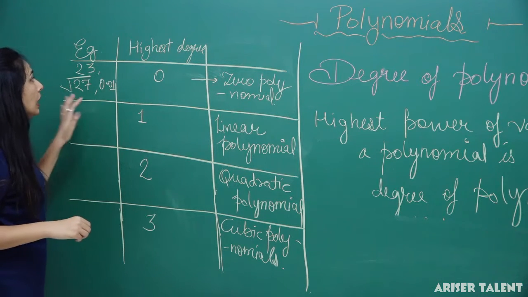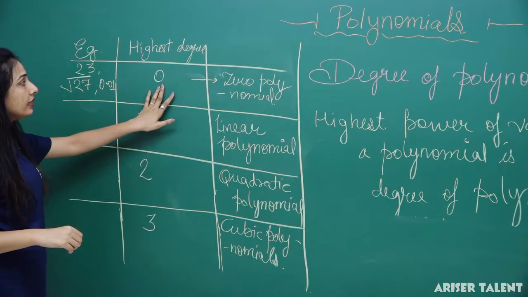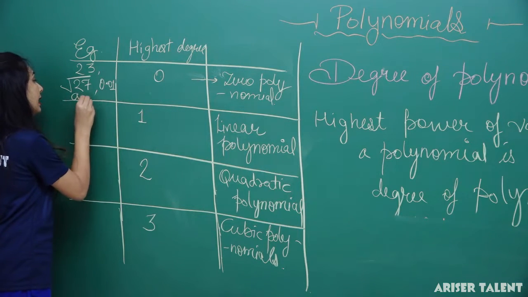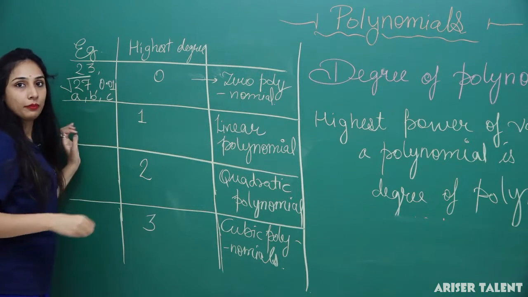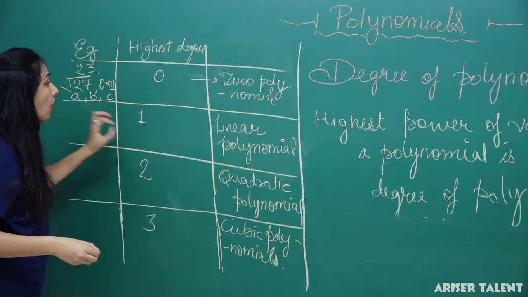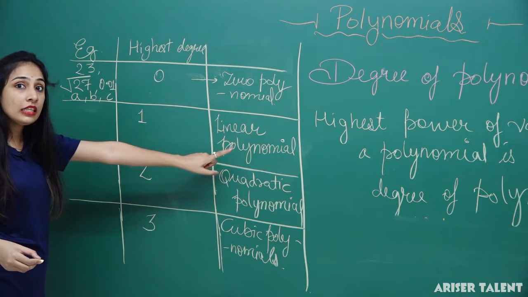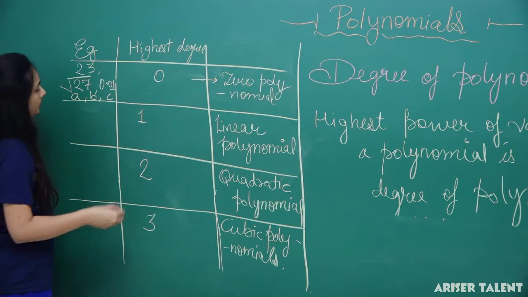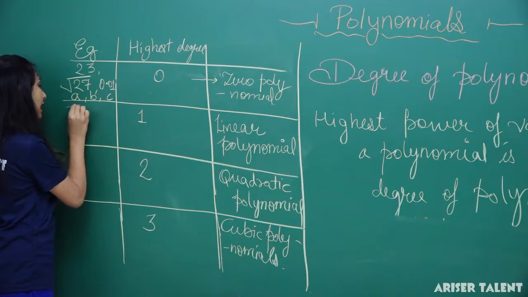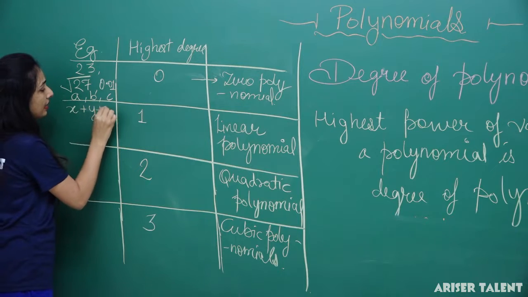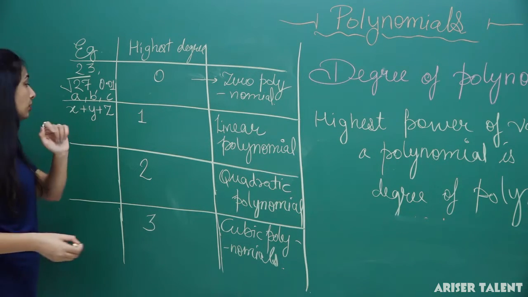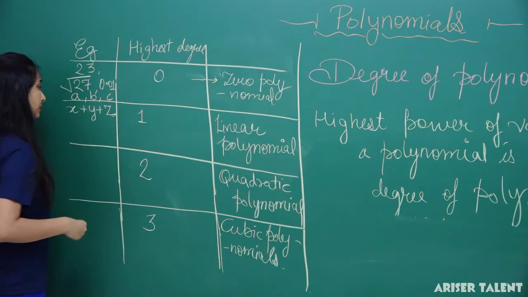This is also having a highest degree as 0, so that will be a zero polynomial, any constant. Or I can say A, B or C, because these are also constant. Now for 1, that is linear polynomial. For linear polynomial, I'll say it like that can be a x plus y plus z. Now all are having highest degree as 1. So this is one example of it.